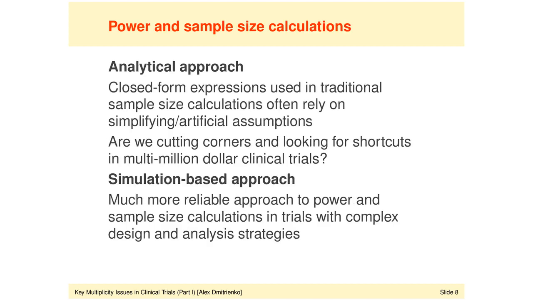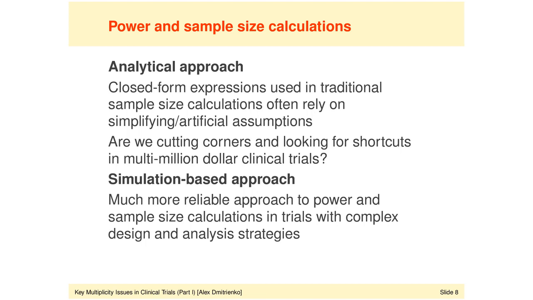And this leads us to a discussion of the role of the general analytical approach and closed form expressions for the number of patients to be enrolled in a trial. Closed form expressions used in standard sample size calculations very often rely on simplifying and sometimes even artificial assumptions that may be difficult to justify in a real clinical trial.